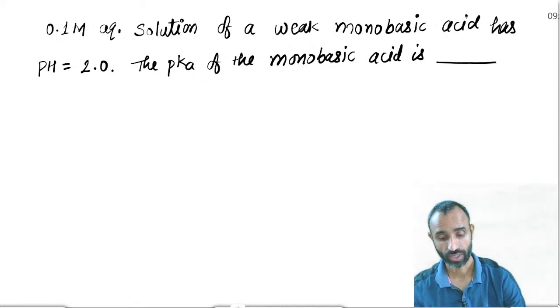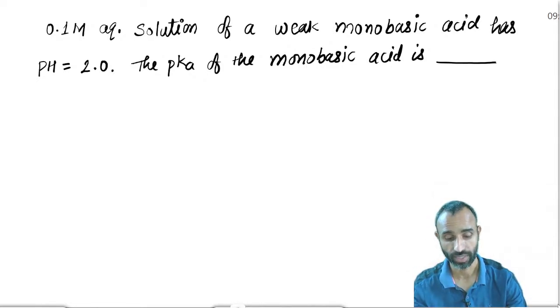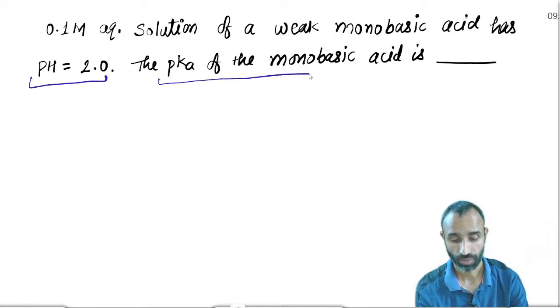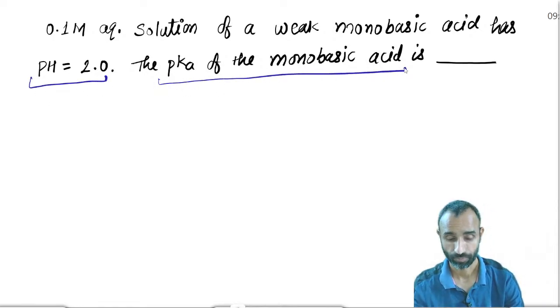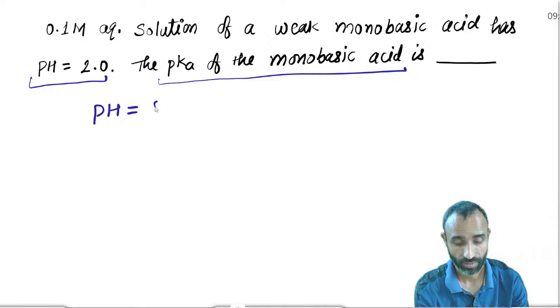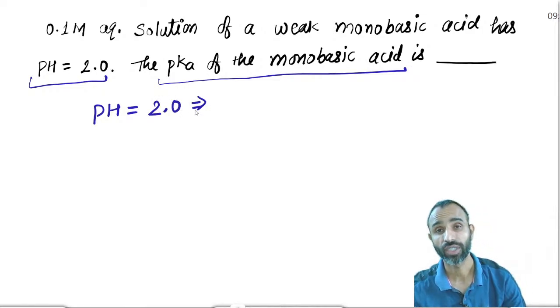So like this is the question: 0.1 molar aqueous solution of a weak monobasic acid has pH 2.0. So what is the pKa of this acid? So from pH first, we calculate H plus ion concentration. So tell me, if pH is 2, what is the concentration of H plus ions?